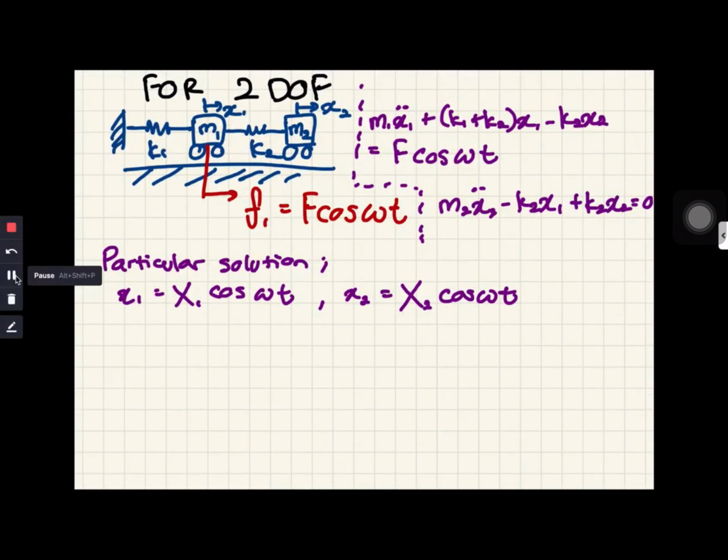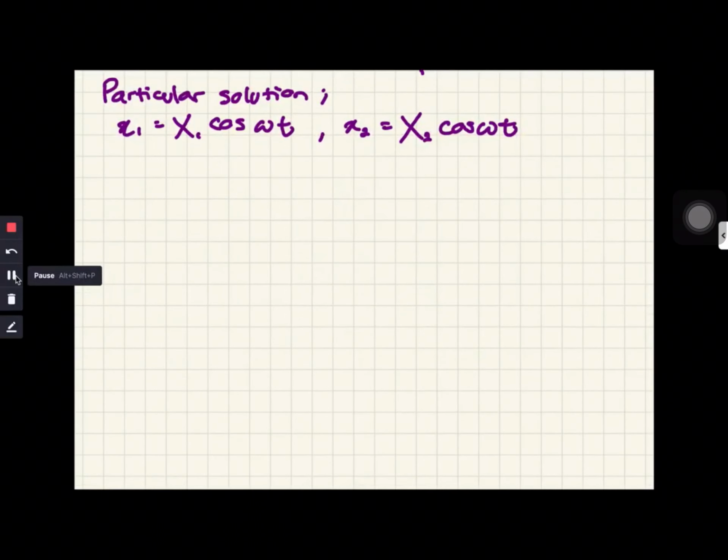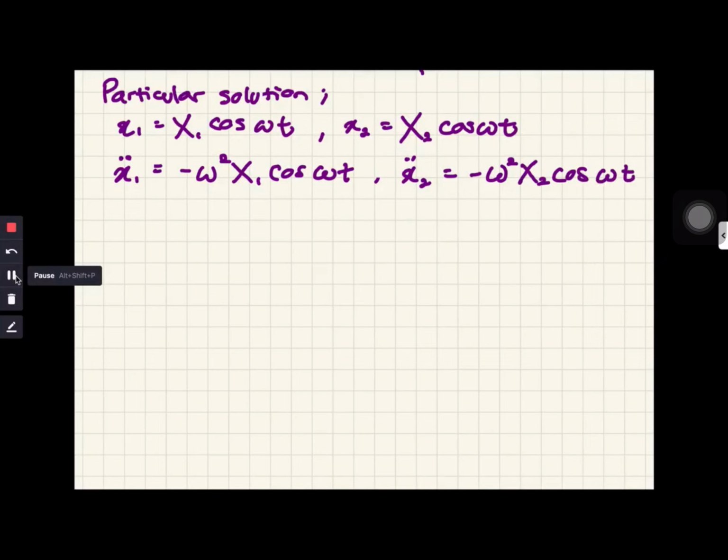Now since we want to put it into the equation of motion that we derived, we need the second derivative of each term. So x1 double dot is equal to negative omega squared capital X1 cos omega t, and x2 double dot is equal to negative omega squared capital X2 cos omega t.